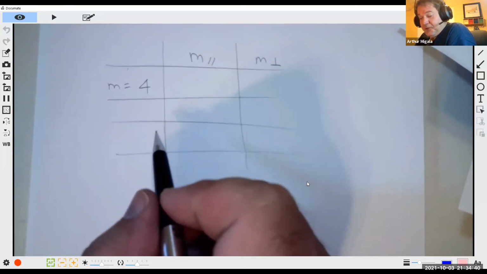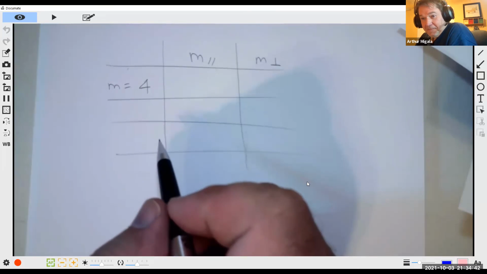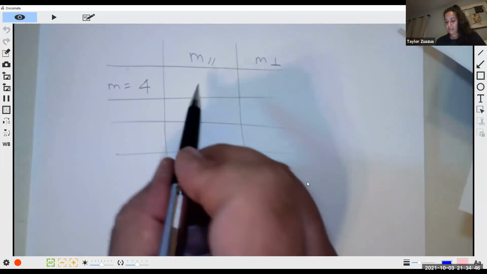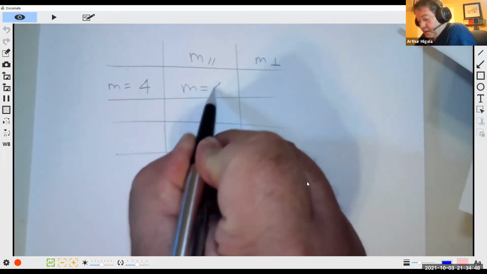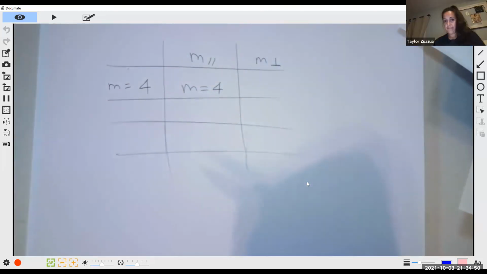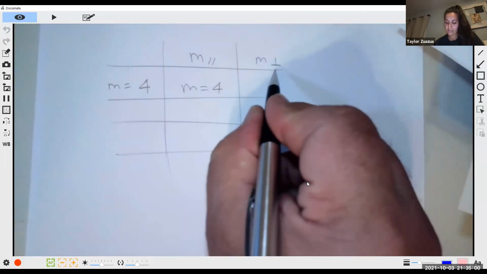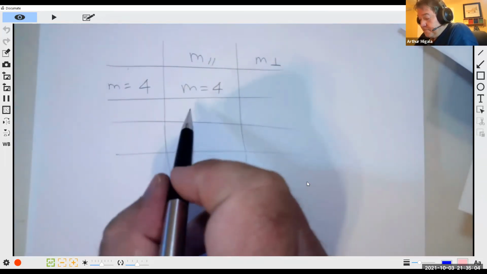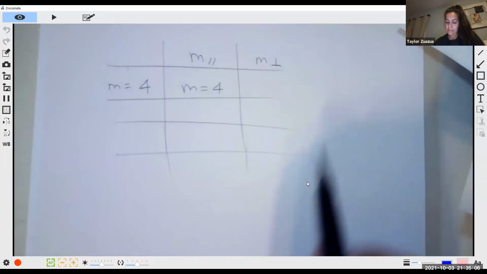No. Look at the chart we just made. Well, it would be 4. Yeah, if they're parallel, they have the same slope. But the y-intercepts are different. Here we're just looking at only the slopes.